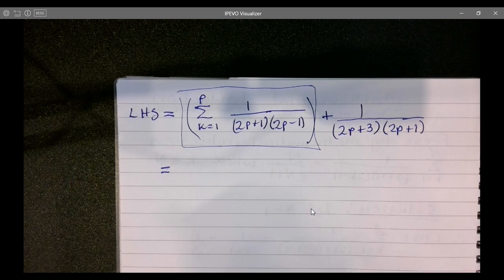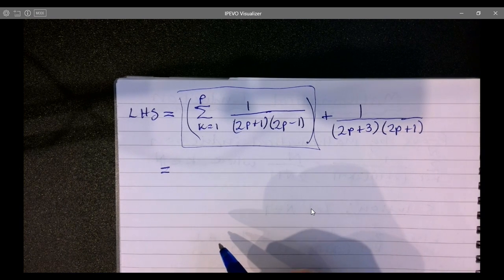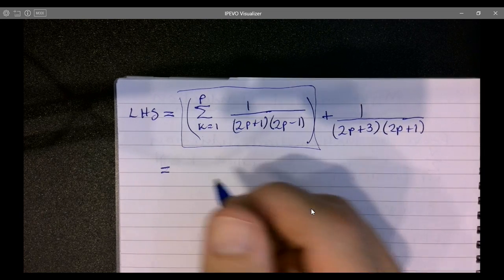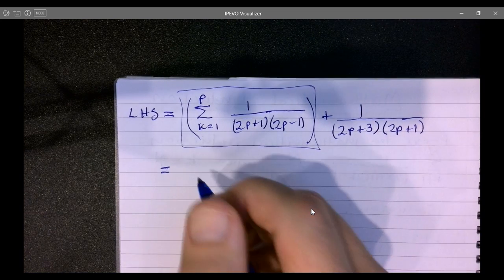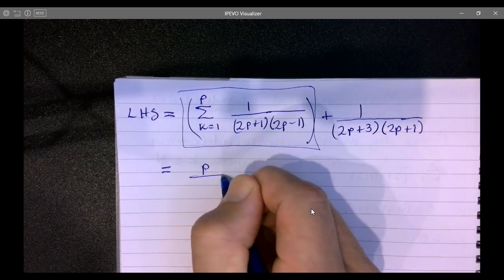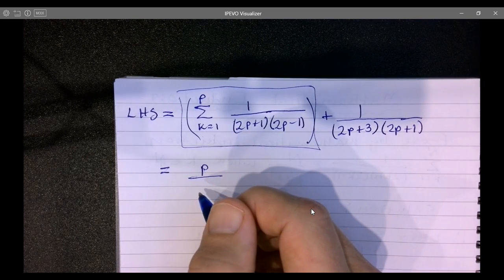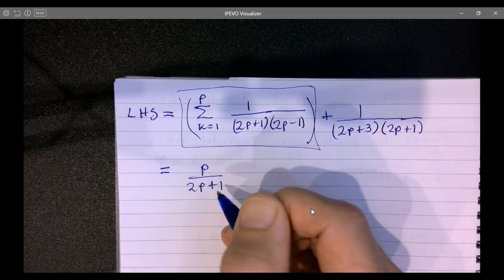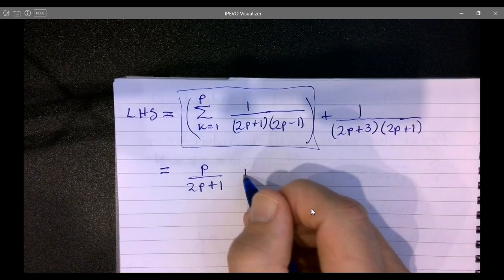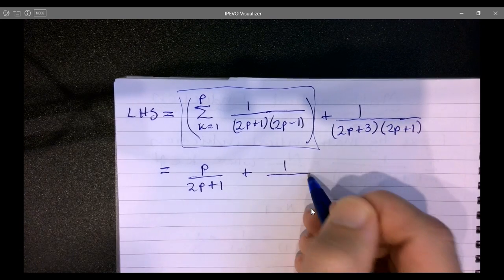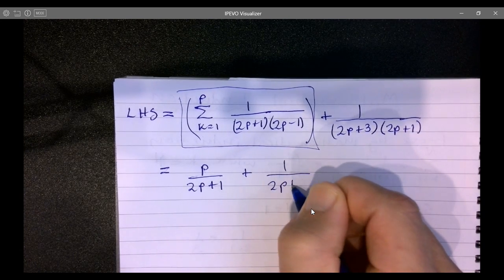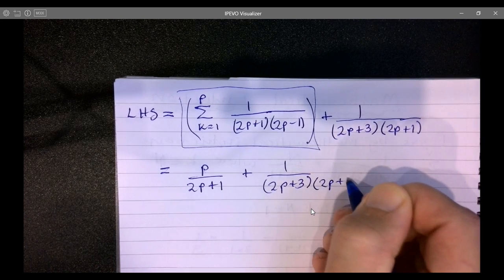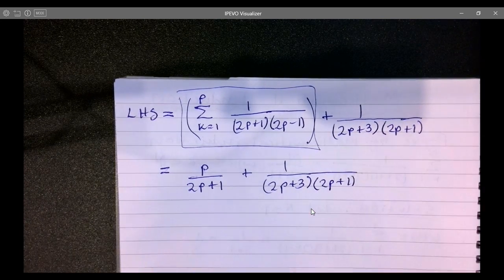So that will be equal to p over 2p plus 1, plus 1 over (2p plus 3)(2p plus 1).